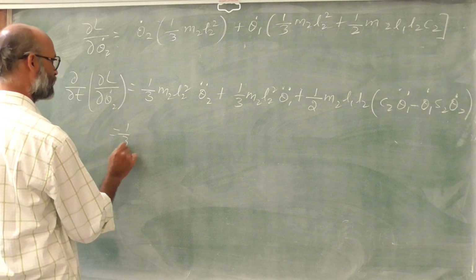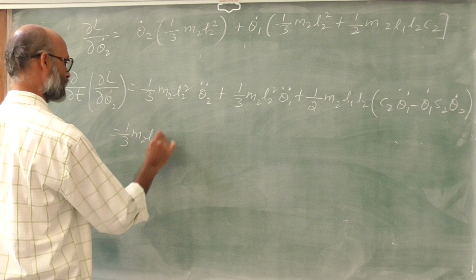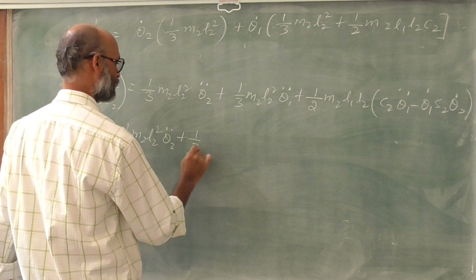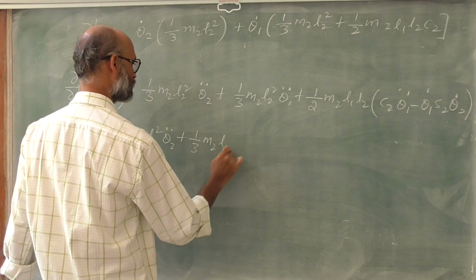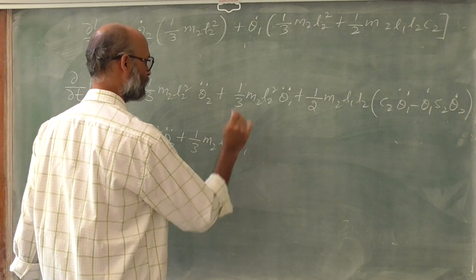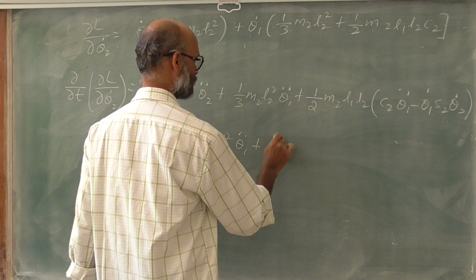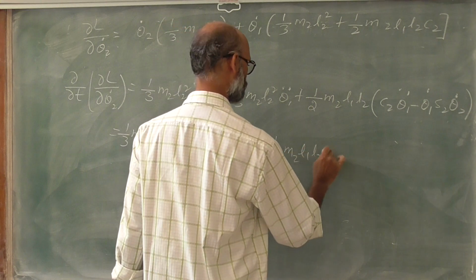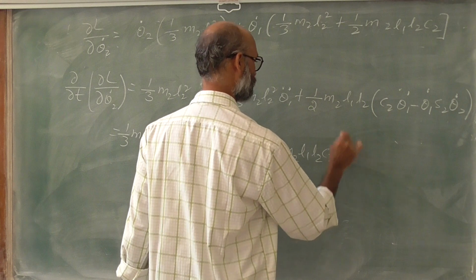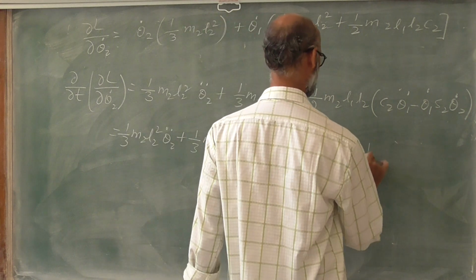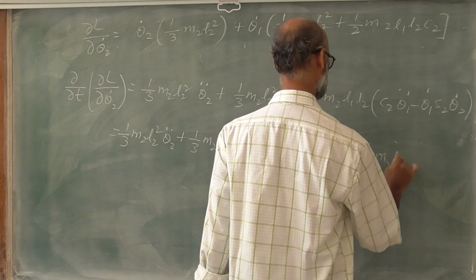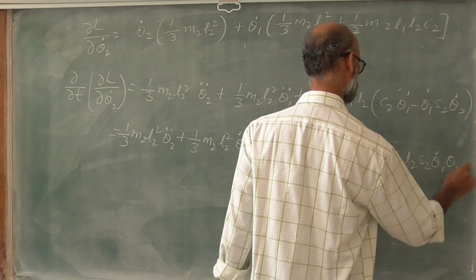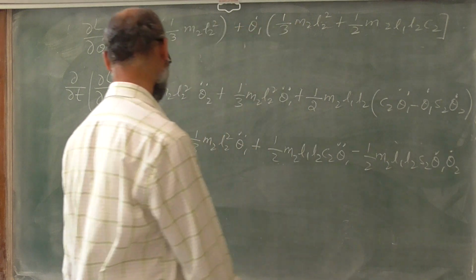This is 1 by 3 m2 L2 square theta 2 double dot plus 1 by 3 m2 L2 square theta 1 double dot plus 1 by 2 m2 L1 L2 c2 theta 1 double dot, and you have minus half m2 L1 L2 s2 theta 1 dot into theta 2 dot.